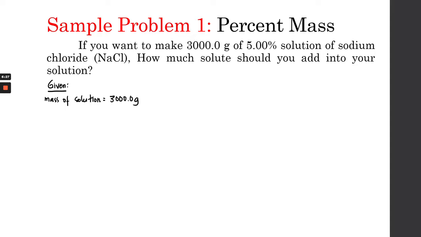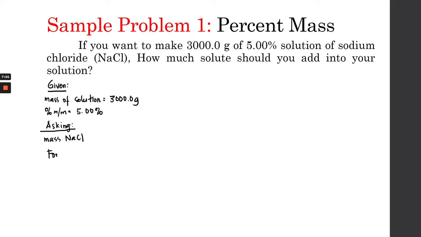This 5% right here is already our concentration. This is our percent mass. So the percent mass concentration is equal to 5%. The solute that we have in this solution is sodium chloride, and what they're asking is how much sodium chloride we have, the mass of sodium chloride.